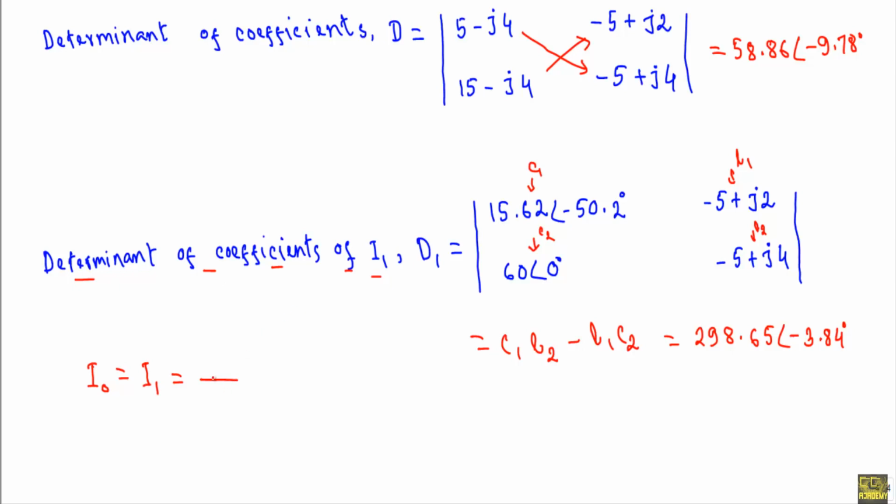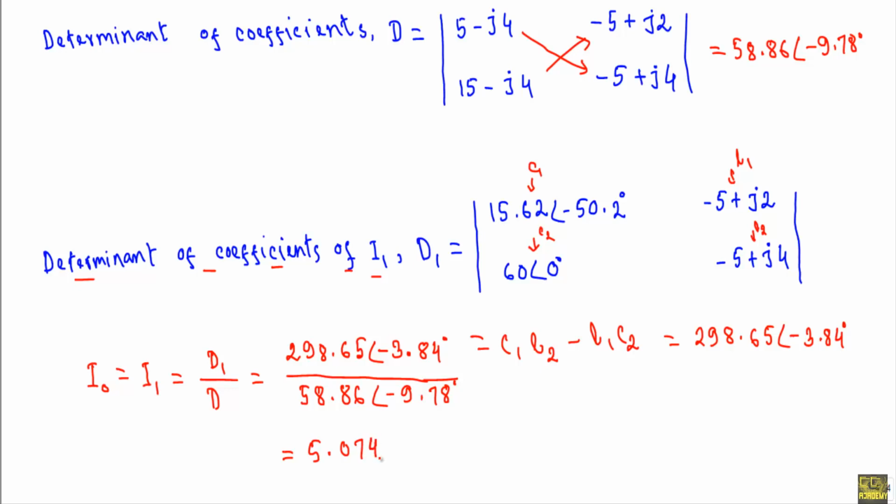Now see, the current I0 is the mesh current I1, and we can calculate the mesh current I1 by dividing the determinant of coefficients of I1, D1, with the determinant of coefficients D. If I do that, that will be equal to 5.074 with phase angle 5.94 degree ampere.